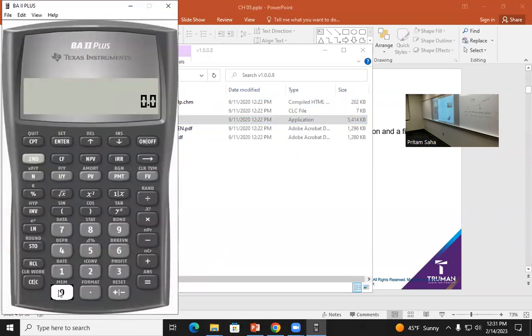So we got 0.025, right? This should be the right answer, 102.53. Make sense?